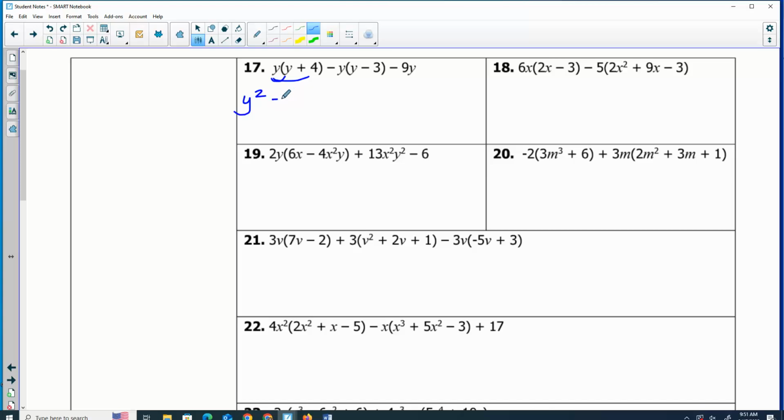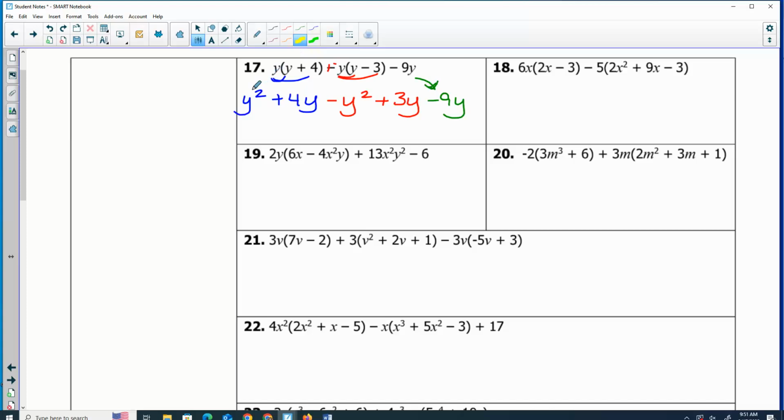Y times 4 is 4y. Right here, minus y. That's like plus a negative. We have to distribute a negative y. So negative y times y is negative y squared. Negative y times 3 is a positive 3y. And my negative 9y on the end, it wasn't multiplied with anything, so it just comes down.